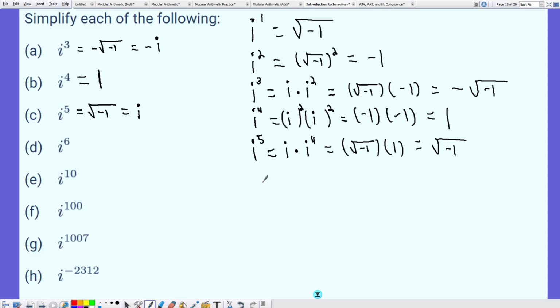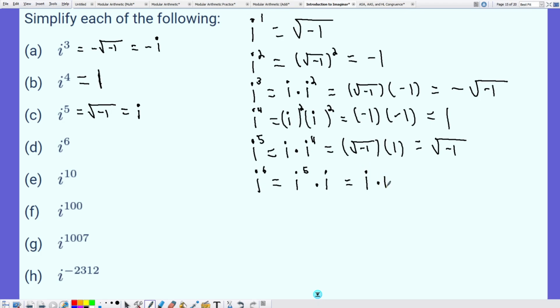And i to the 6th, maybe we can see where this is going to go. i to the 6th power is the same thing as i to the 5th power times i. And i to the 5th power is just i.